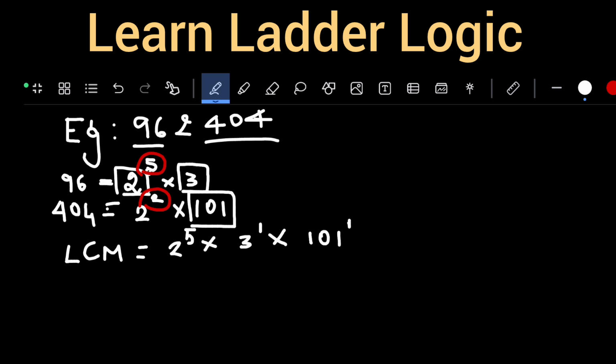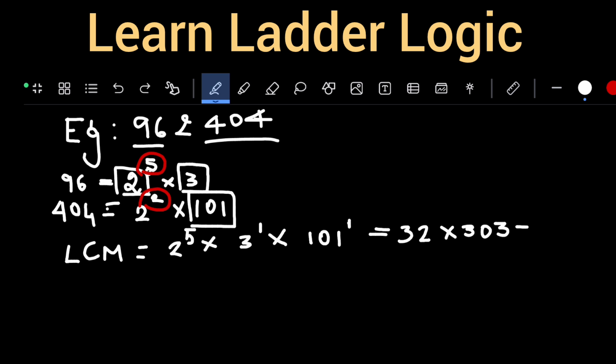So here I'm just writing 2 to the power 5 is 32 and 3 into 101 is 303. Simple. Now we'll just multiply these numbers and see the answer.